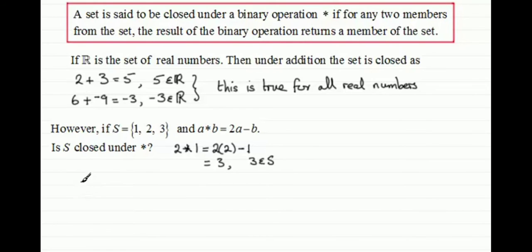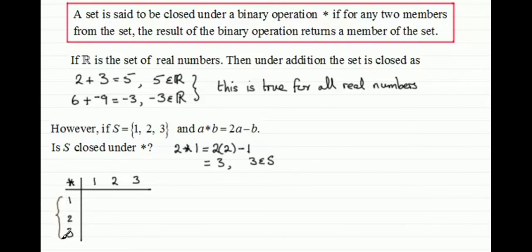Now let us form the composition table. Composition table is nothing but we have to write the elements of the set along with the binary operation. The binary operation given is star. So it should be written in the corner, and the elements of the set are 1, 2, 3. It should be written row wise as well as column wise as the heading.